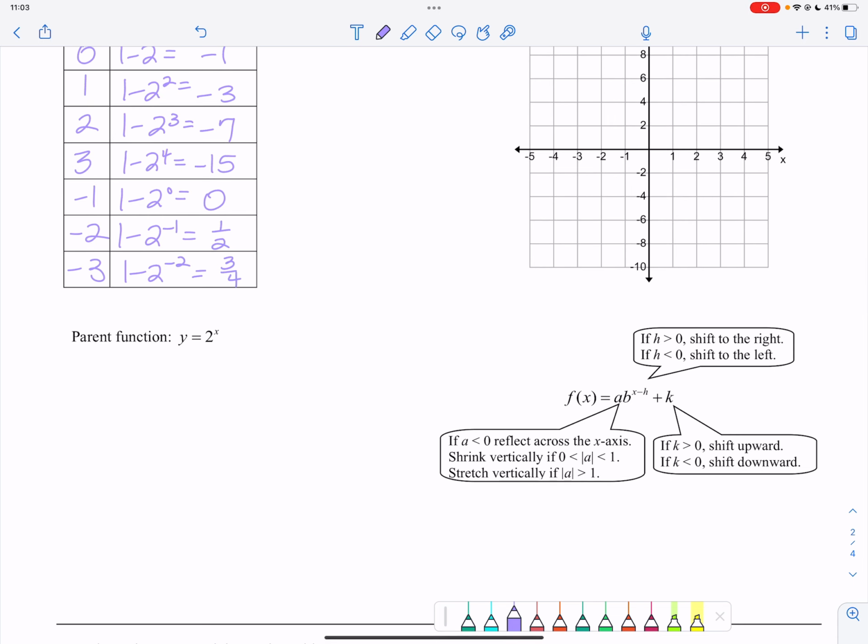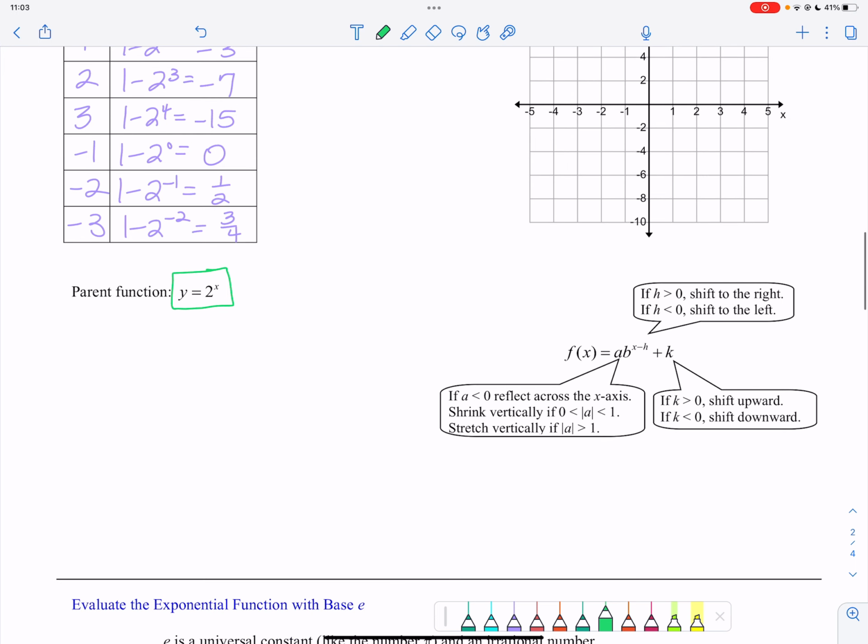Okay, and we could go ahead and take a look first at this parent function. Y equals 2 to the x.